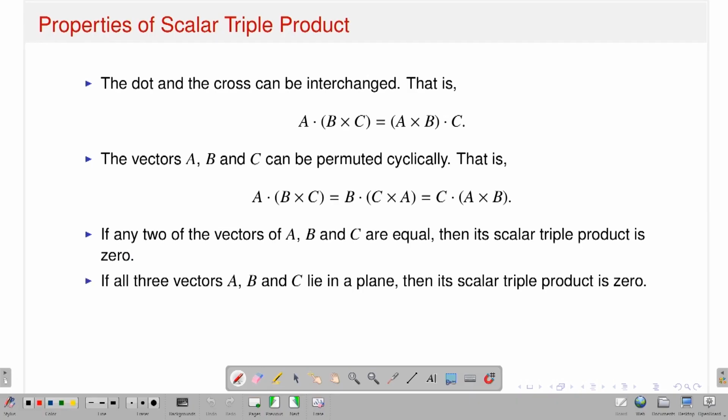If all three vectors A, B and C lie in the same plane, then its scalar triple product is 0.